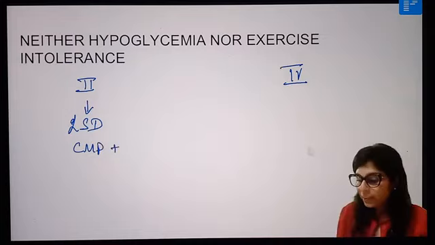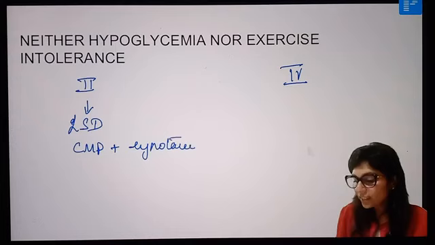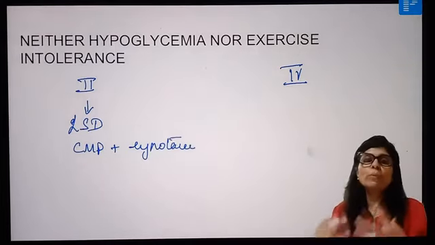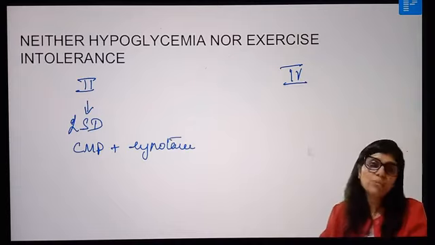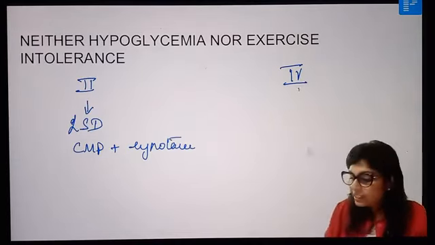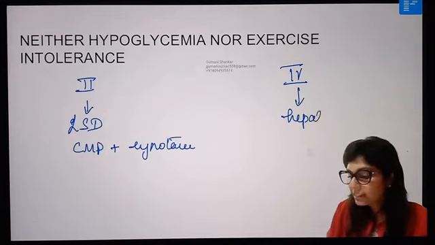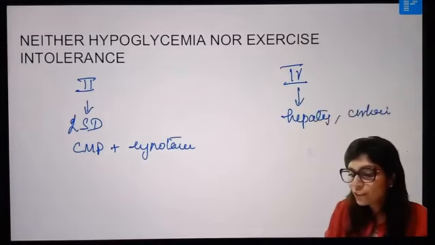It presents with hypotonia. So the diagnosis will be straightforward. The moment you see cardiomegaly, cardiomyopathy, hypotonia, you know it is Pompe's disease. Type 4 or Andersen's disease will present as hepatomegaly and liver cirrhosis.